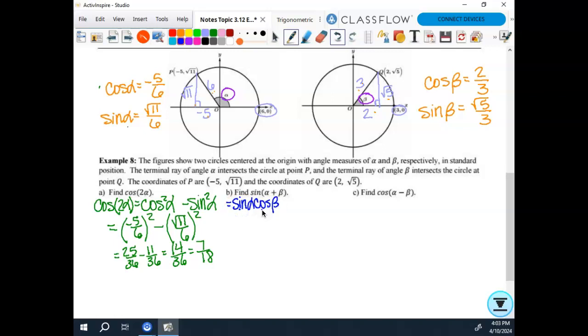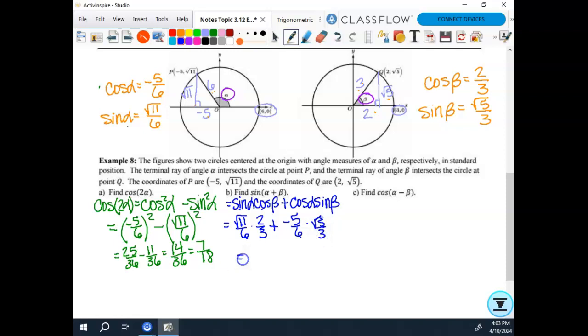These change, so the sine doesn't, and then I have cosine of alpha, sine of beta. Right, then I substitute it in. Sine of alpha, square root of 11 over 6, times cosine of beta, 2/3, plus cosine of alpha, which is negative 5/6, times sine of beta, which is the square root of 5 over 3.